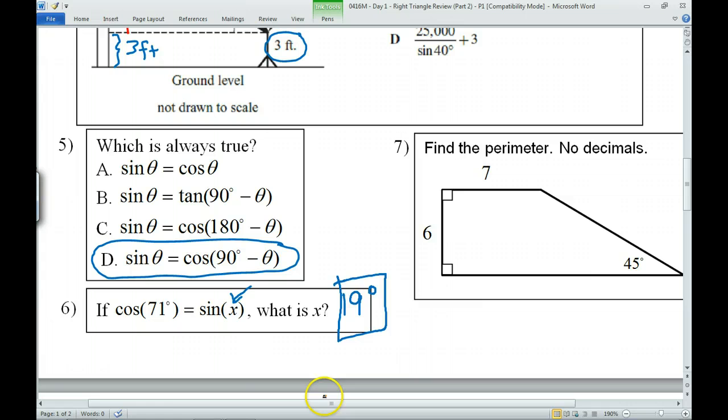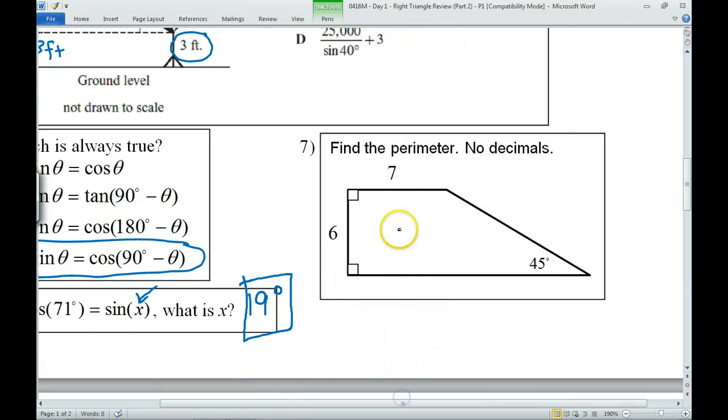Okay, looking at number 7, it's very similar to the one we did above. If that's 7, this is 7. If that's 6, this is 6. It's not drawn to scale, but this is a 45-45 triangle. So if this is 6, then this must be 6, and the hypotenuse must be 6 radical 2.